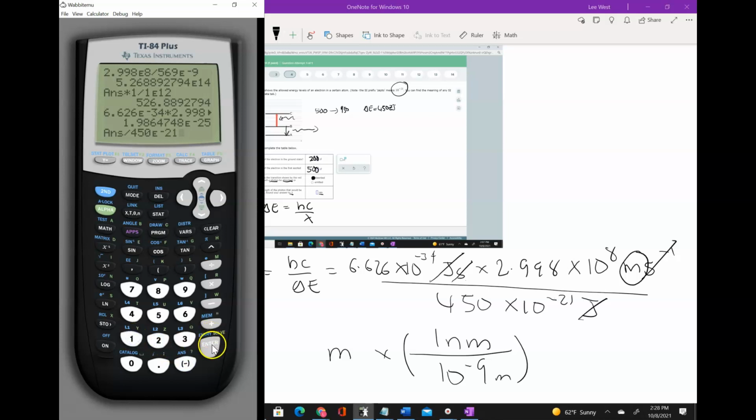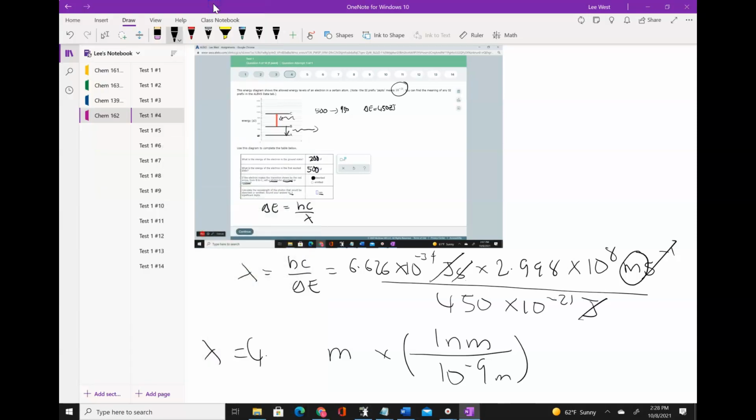So very small number. Okay, so there it is in meters, and you know the wavelengths of light are normally very, very small, right? So 4.414 by 10 to the minus 7 meters times 1 on 10 to the minus 9.